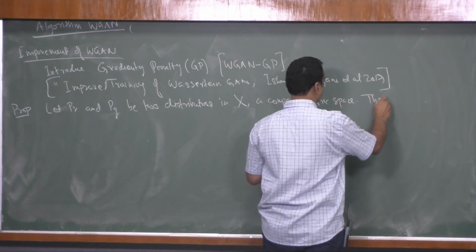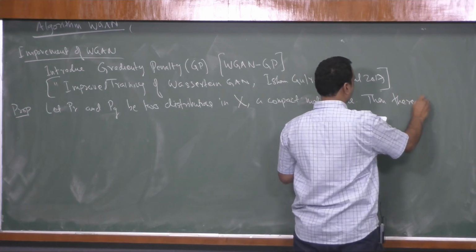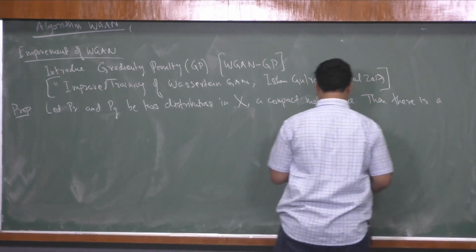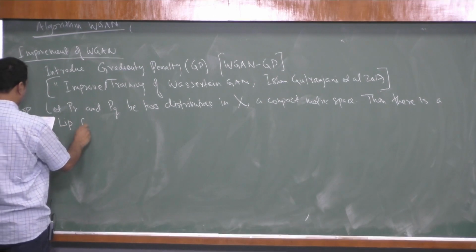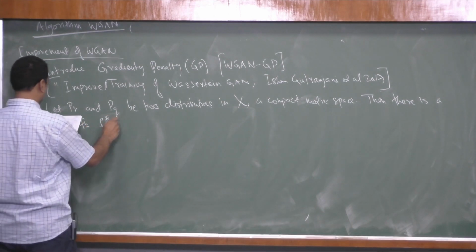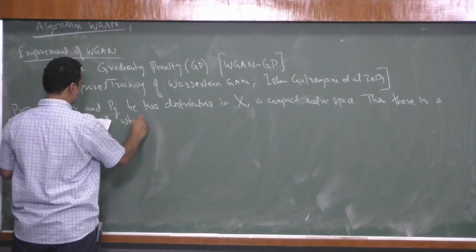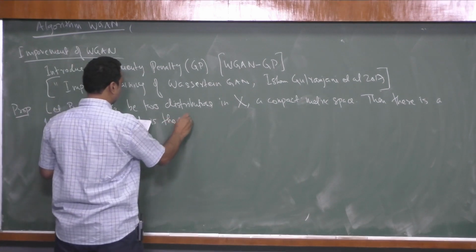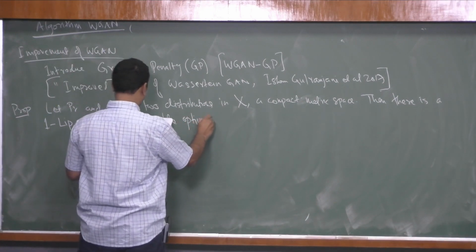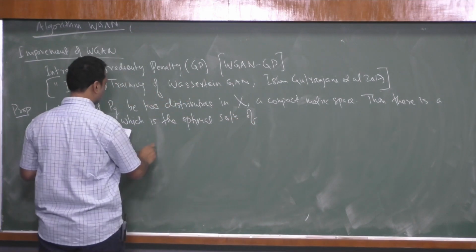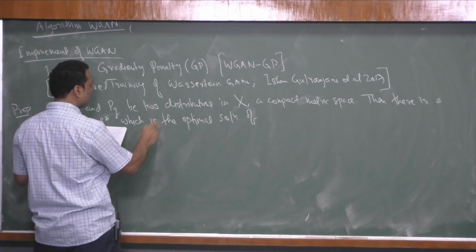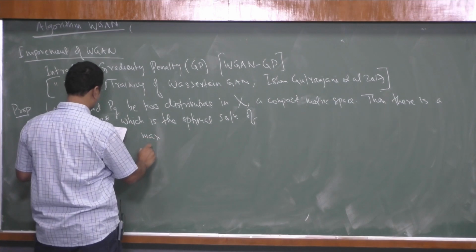Then there is a 1-Lipschitz function f star, which is the optimal solution of the WGAN with the Kantorovich-Rubinstein formulation.